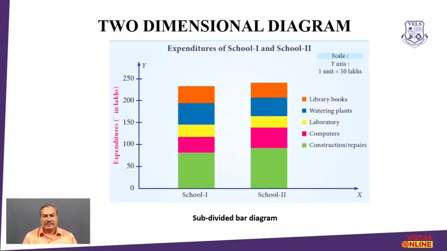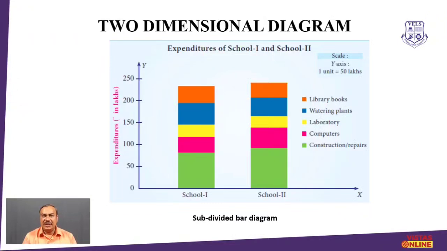The third type of bar diagram is the subdivided bar diagram. This is like a simple bar diagram. For each year, a single bar will come, but on the single bar, a lot of subdivisions are available. So for example, in this picture, expenditure of school 1 and expenditure of school 2.